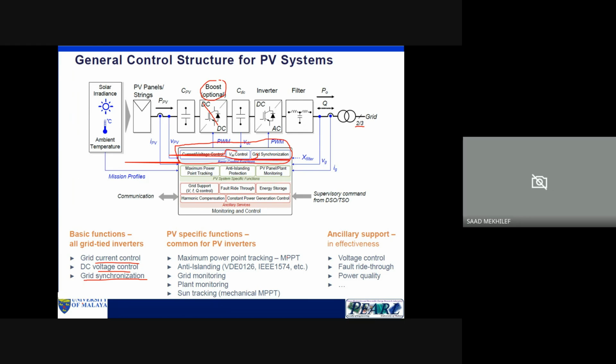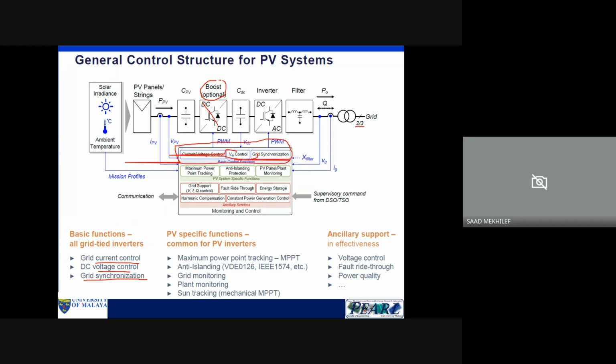And the last one is the auxiliary services, or what we call the supervisory command from the data centers or distribution office. So we need to have grid support in terms of V, F, and Q. This is very commonly required nowadays, especially for grid forming inverters.